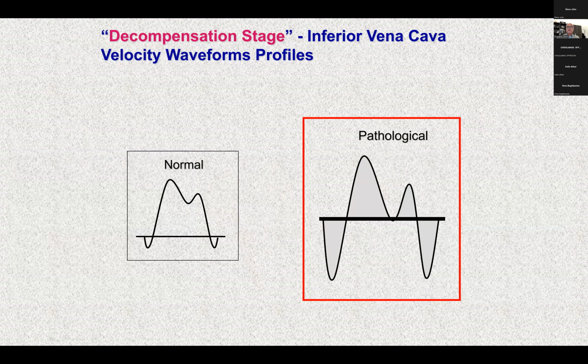If we look to the inferior vena cava, we can see the same. You can see on the left the normal waveform profile with very high forward flow and very little reverse flow during atrial contraction. And here in the decompensation stage, we can see a reduction in the forward flow and very high reverse flow during atrial contraction.